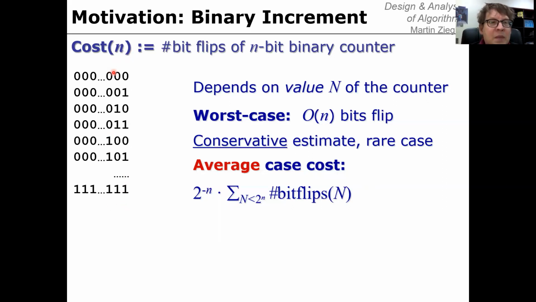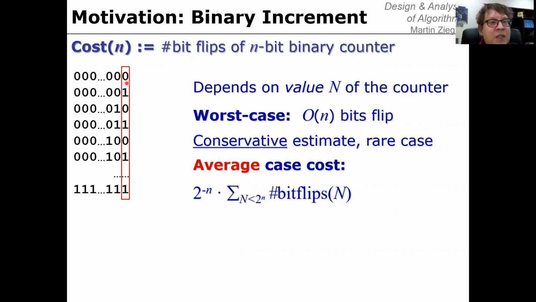How often does the second least significant bit flip? How often does the third least significant bit flip? So we count all these cases instead. That's a different way of evaluating the sum, which turns out to simplify the calculation a lot. So how often does the least significant bit flip?